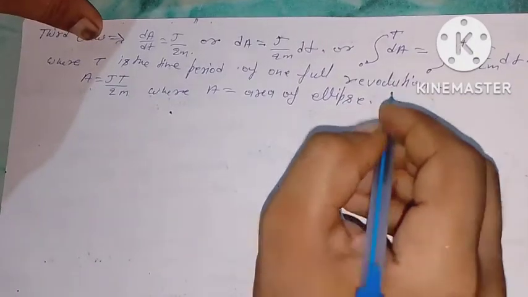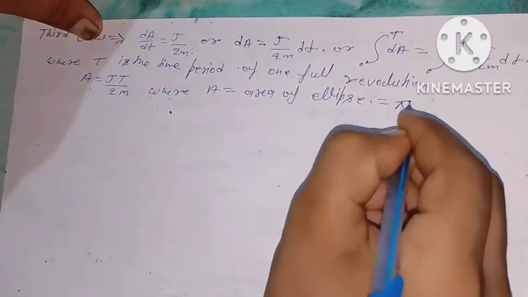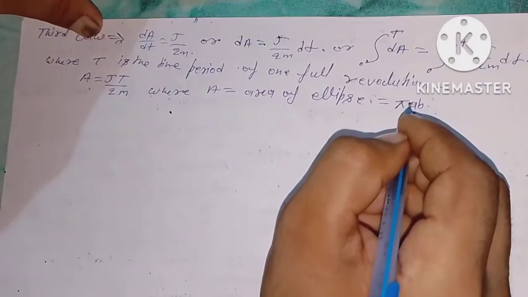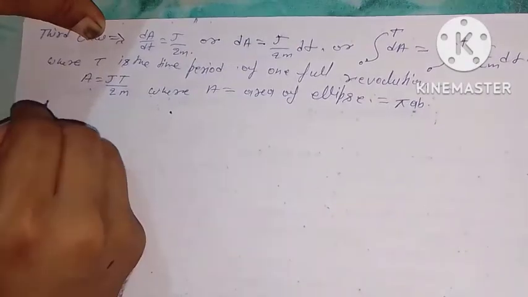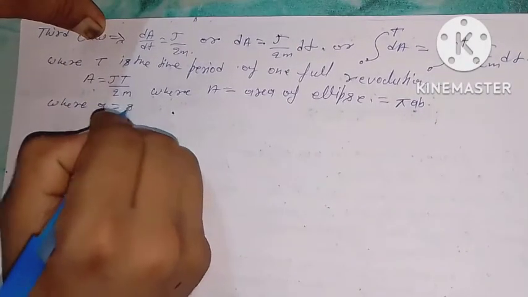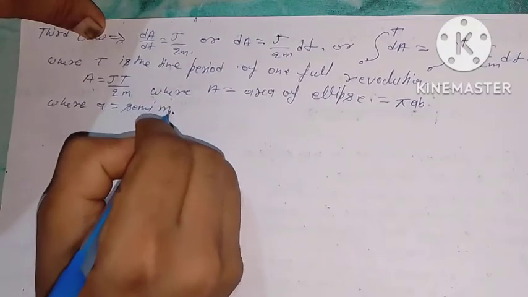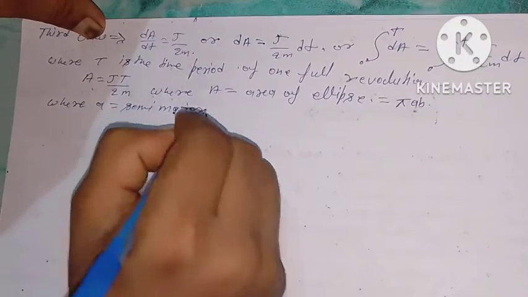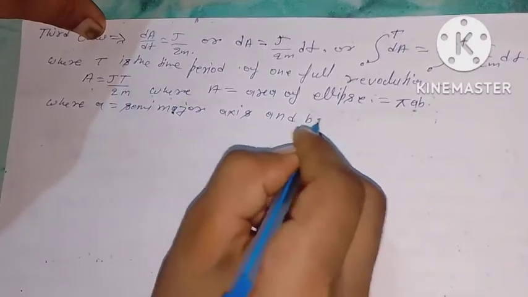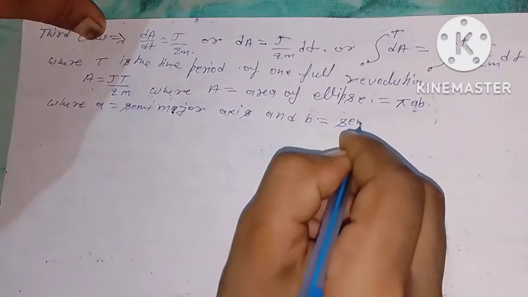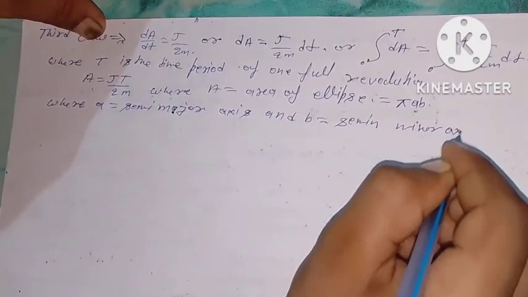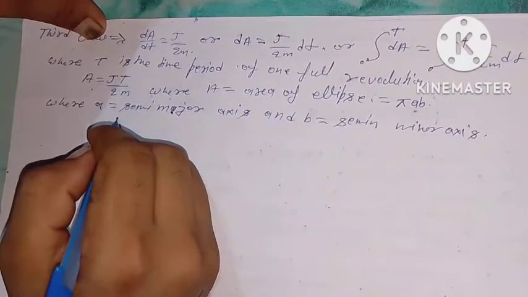Now the area of the ellipse equal to pi AB, where A is the semi-major axis and B is the semi-minor axis.